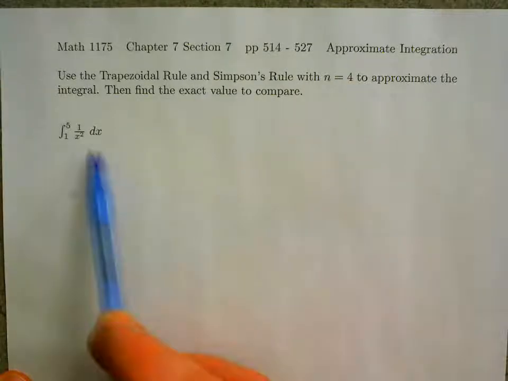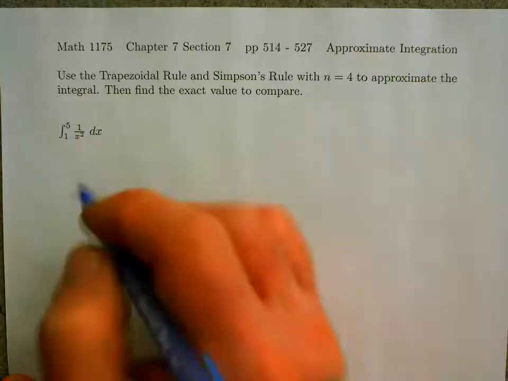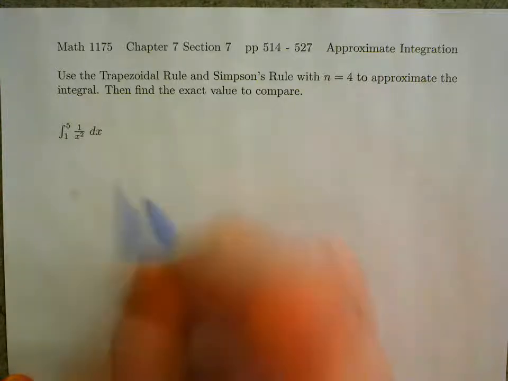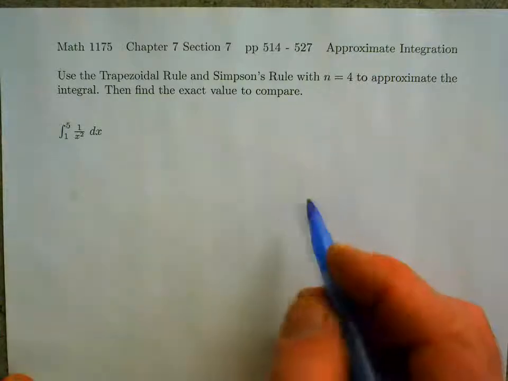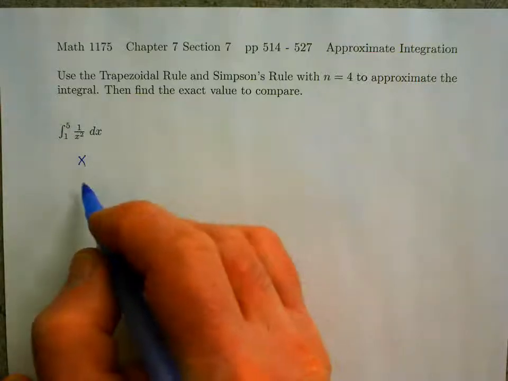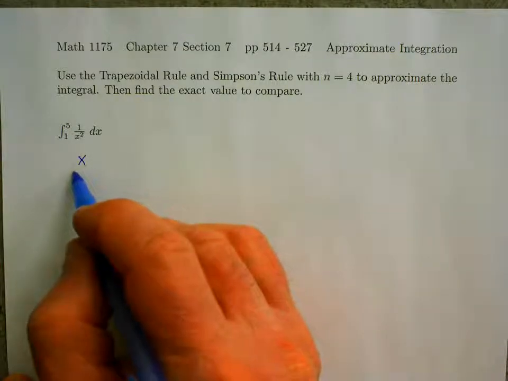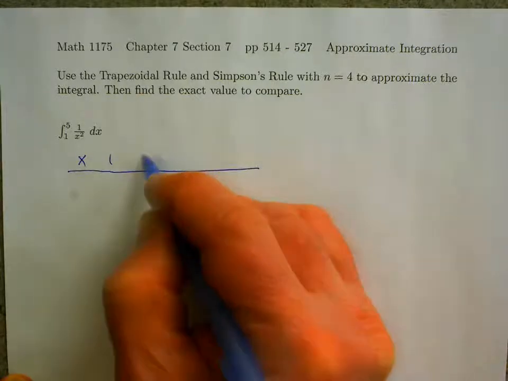So the definite integral of 1 over x squared dx from 1 to 5. And if n equals 4, then delta x equals 1 in each of those cases. So we can construct a table of values.